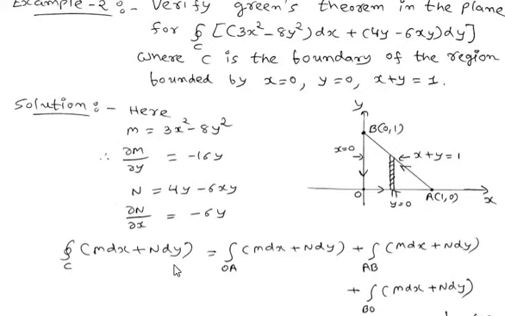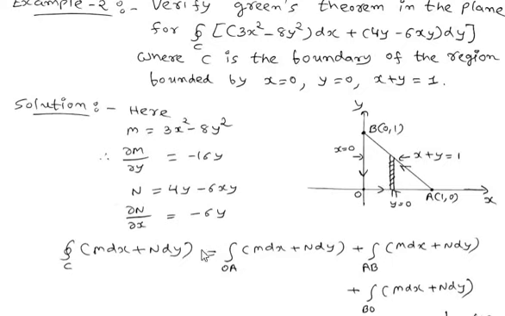So that will be the left hand side, that is the integration of M dx plus N dy along the given closed curve C. Then we have to verify Green's theorem, right? So we have to find the double integration of this function along the given boundary region, right? And then we will see whether both the results are the same or not.